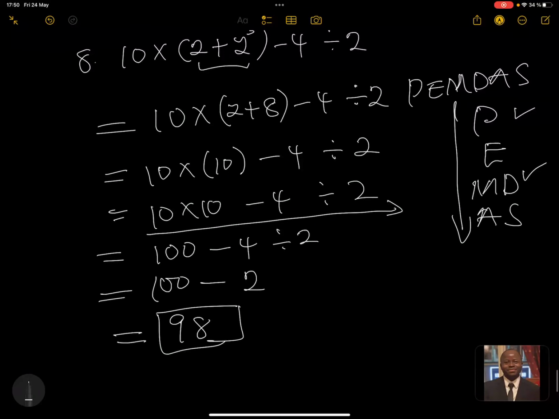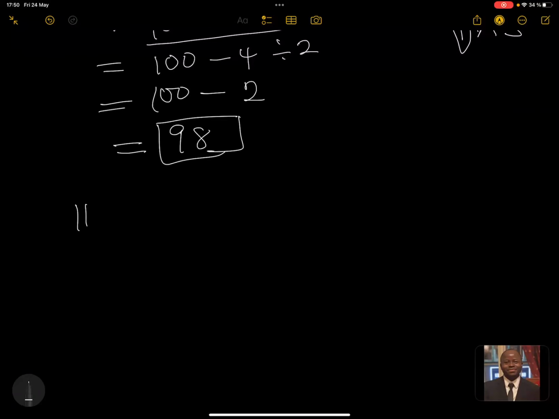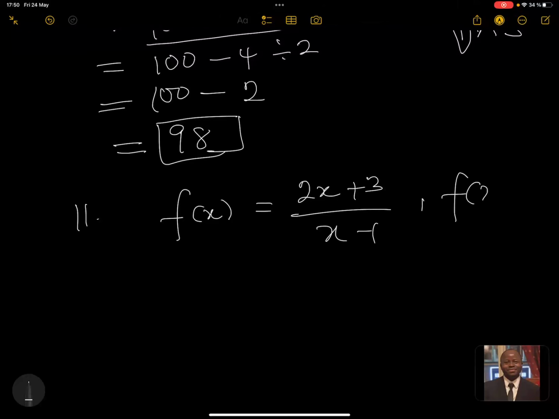We have to solve this question before we close. Question 11 says f of x equals 2x plus 3 over x minus 1. Find f of 2. F of 2 means we will write this formula again and put 2.